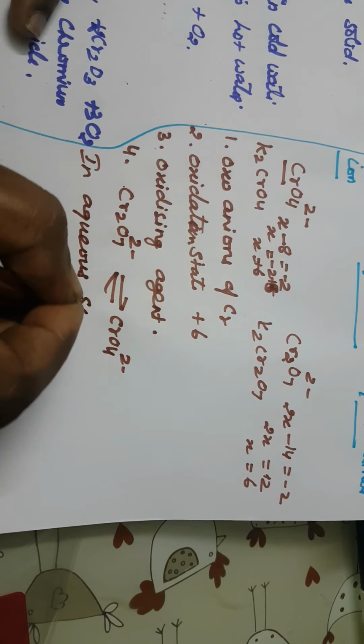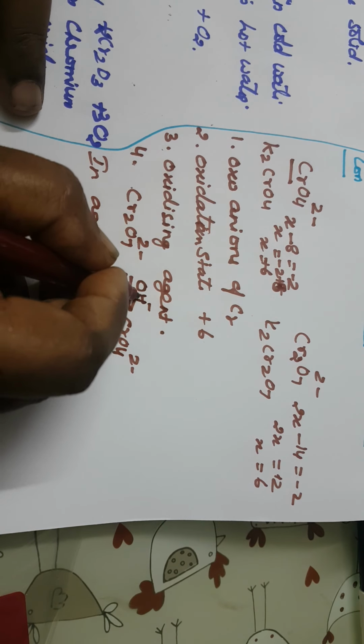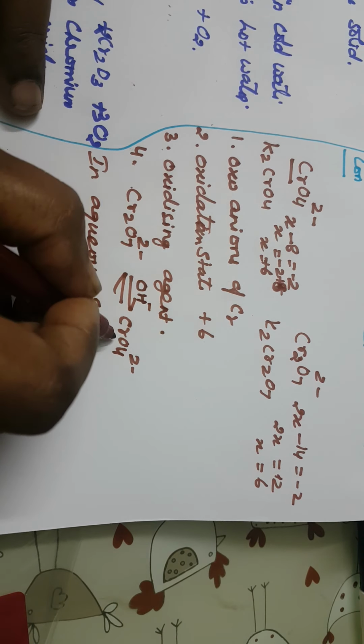Now pH. In acidic medium, it is the dichromate ion. With OH minus, in the alkaline medium, dichromate is converted into chromate ion. Then in acidic medium, that is H plus, chromate ion is converted into dichromate ion.